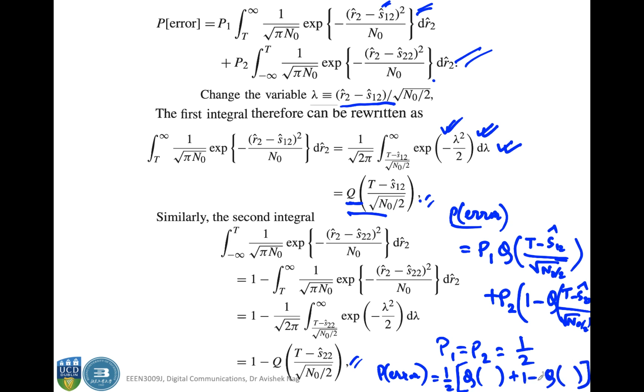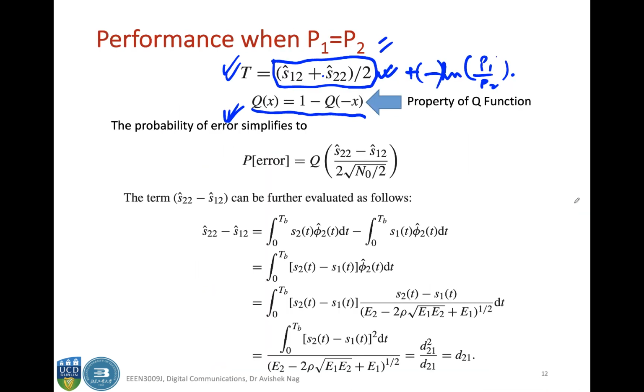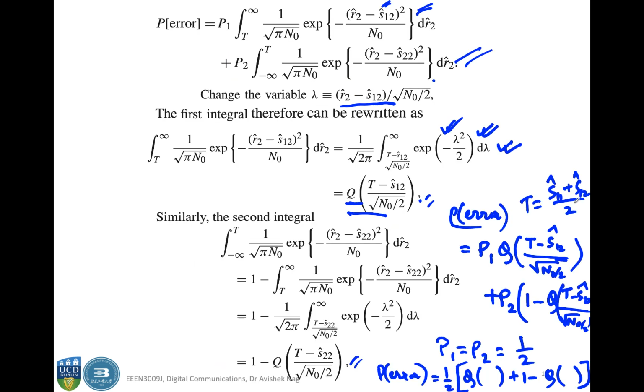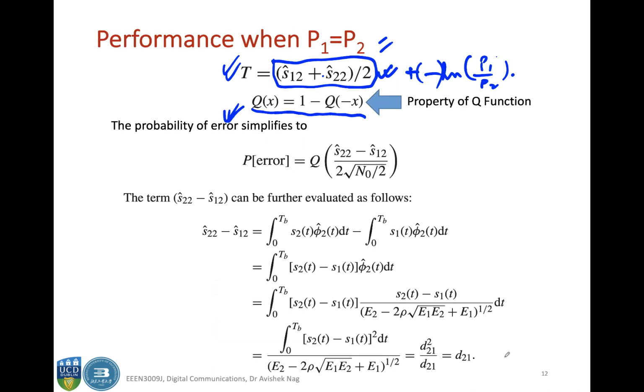If you put your threshold, which is now equal to s12 hat plus s22 hat by 2, and fit this here, then this will simplify to this term, with also application of this property.